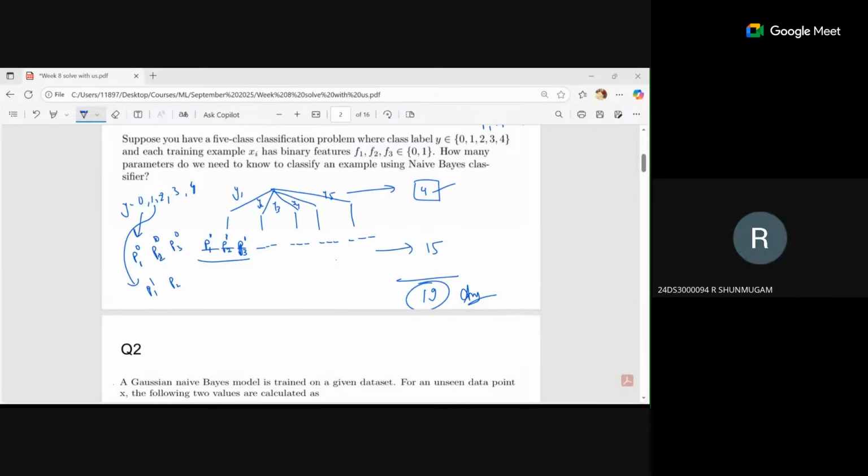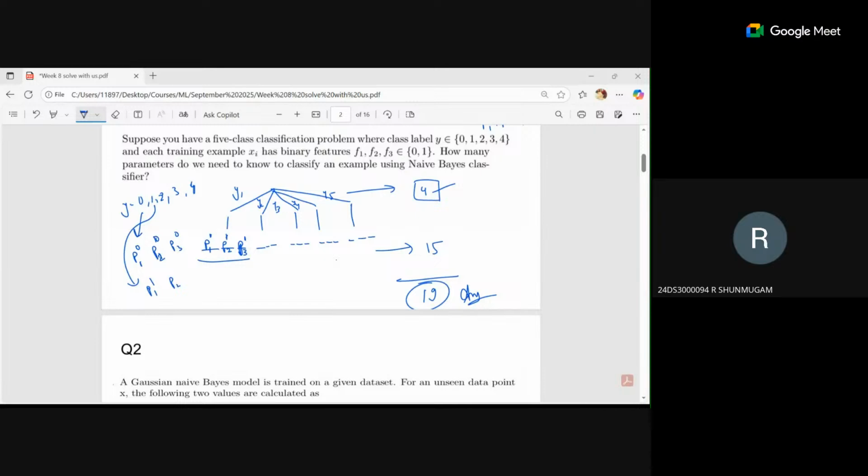That's 15. The features can take two possible values, 0 and 1, a binary feature, so we have to stick with one value. One is the free value and another one is the dependent value.